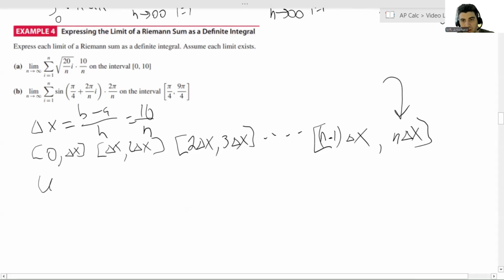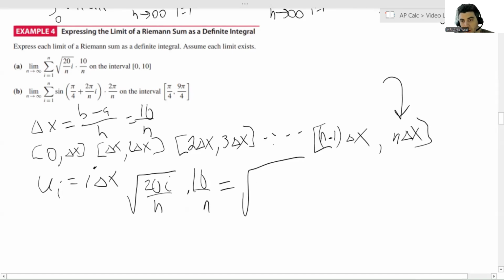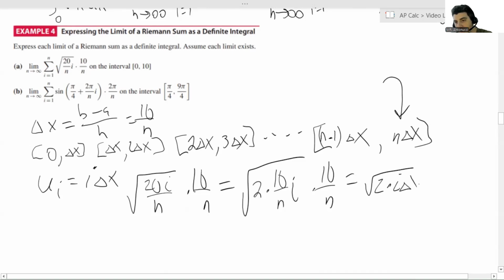So if x_i equals i delta x, then we would have square root of 20i over n times 10 over n, equaling square root of 2 times 10 over n times i times 10 over n, which is square root of 2 i delta x times delta x, which is equal to square root of 2 x_i delta x.